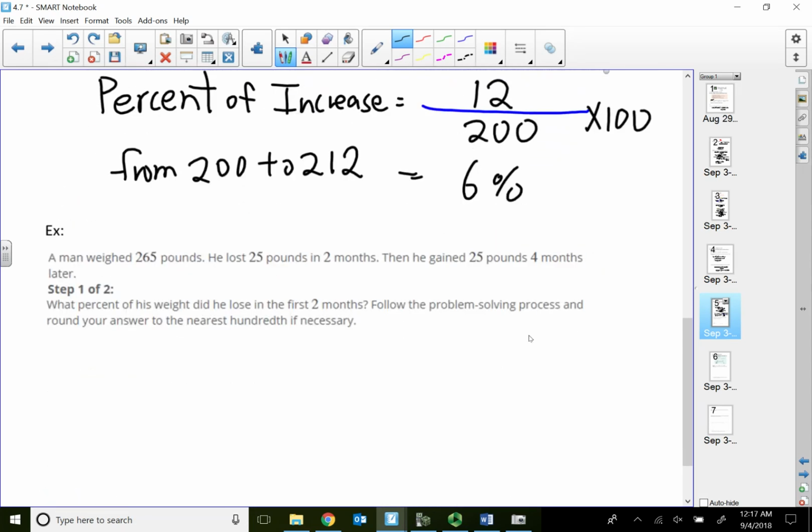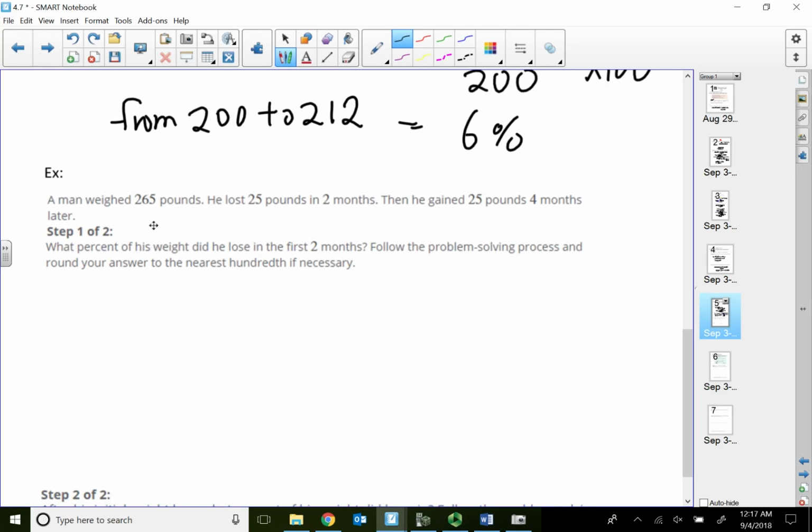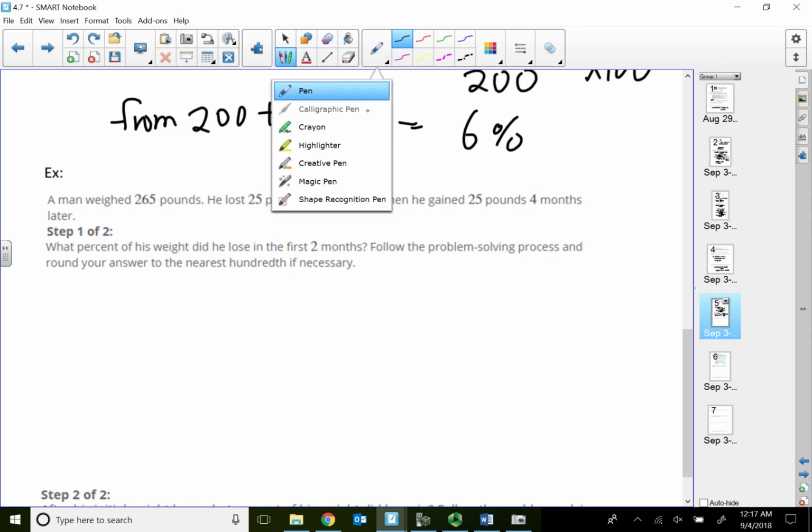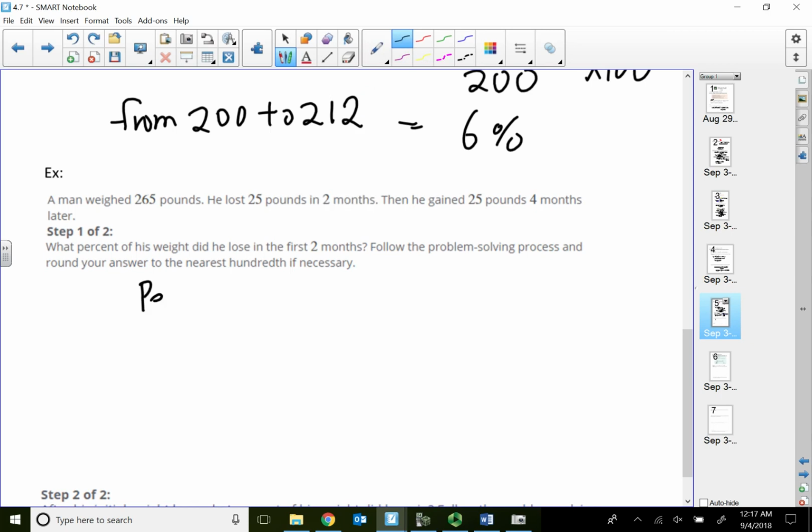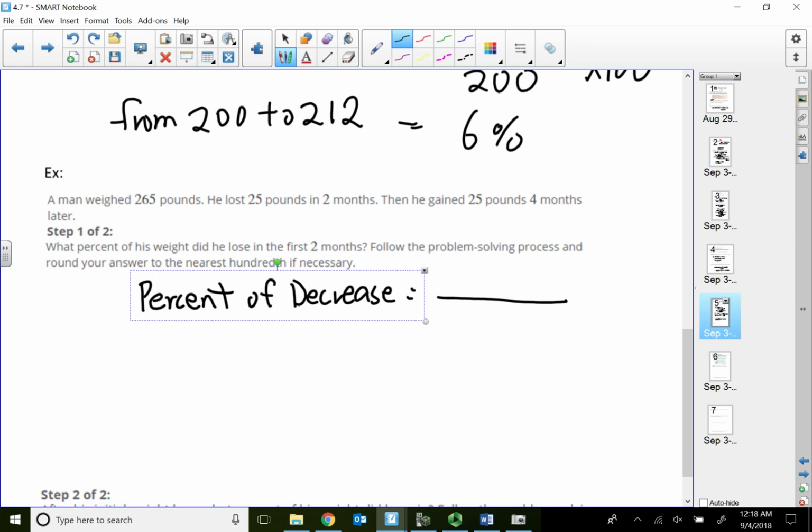All right, let's take a look at another one. A man weighed 265 pounds. He lost 25 pounds in 2 months. Then he gained another 25 pounds 4 months later. Step 1 of 2 asks, what percent of his weight did he lose in the first 2 months? So that's percent of loss, or percent of decrease. Percent of decrease is equal to the actual decrease divided by where we were from.